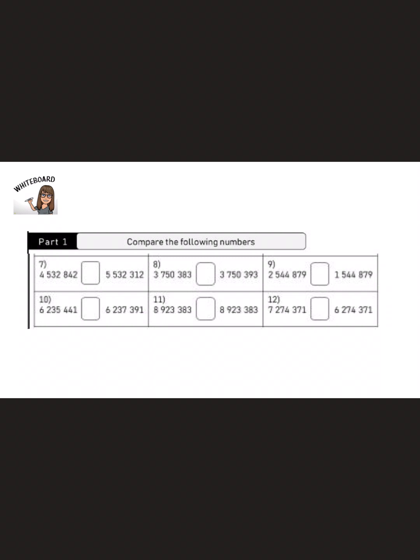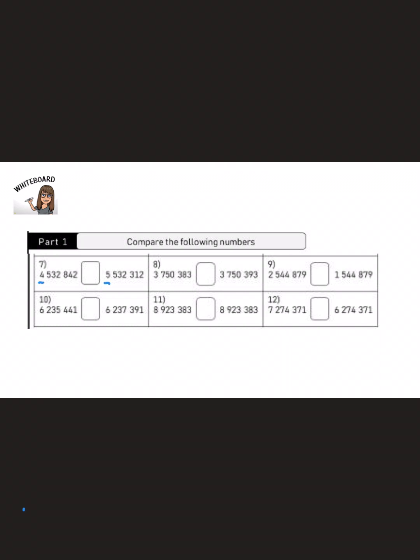All right, now it's your turn to do some practice. So again, we'll do this first one kind of together, and then you'll pause and do the rest. So again, I'm going to look at my first place value positions, 4 million and 5 million. Wow, isn't that nice? They're already different. So I'm going to compare those two. 4 and 5.